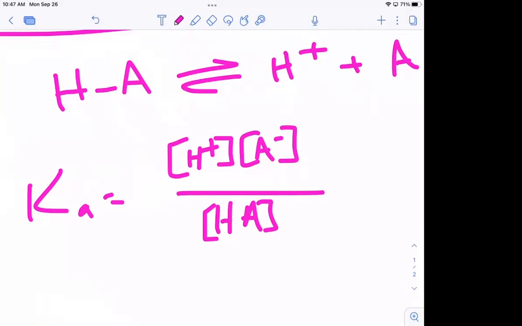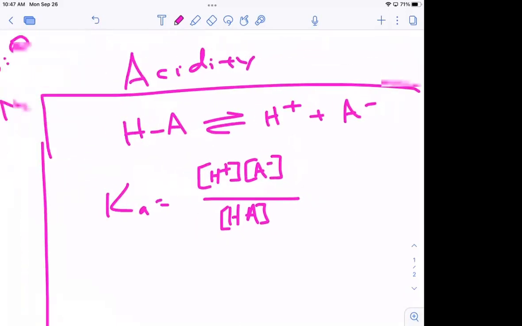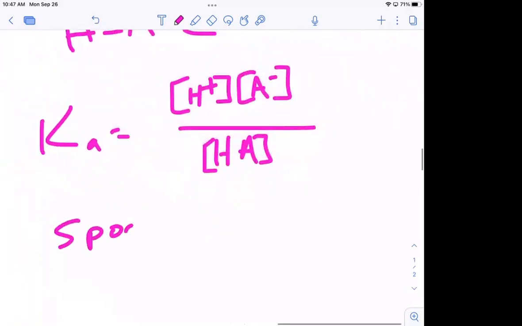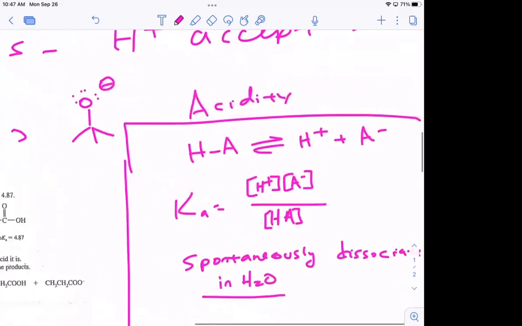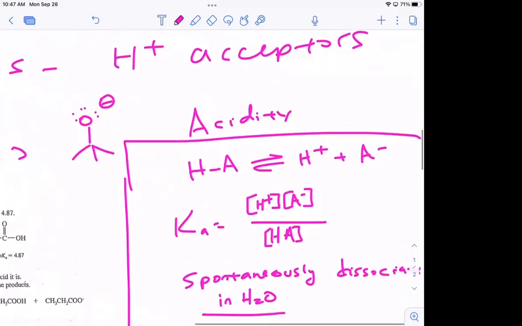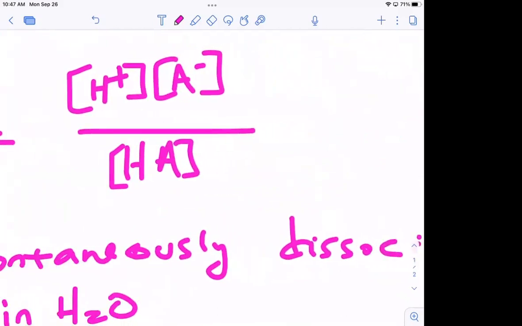But when you think about an acid in the sense of general chemistry and not organic, most of these acids are spontaneous. Most of them, when you make a solution of them in water, spontaneously dissociate. And what we also know is that you can look at the equilibrium constant and tell what the acidity is by the magnitude.